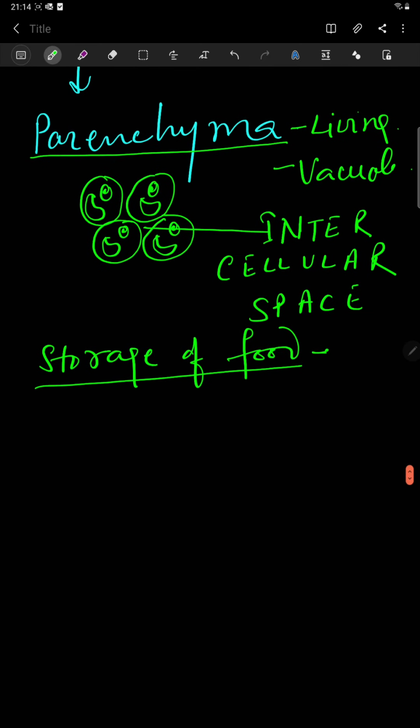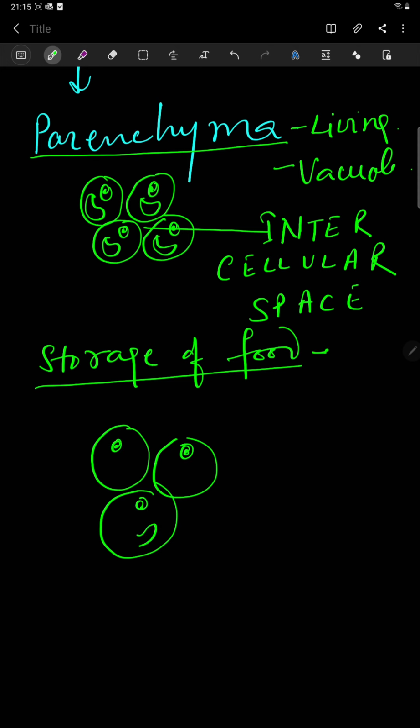Next, on the basis of the variation, when the parenchymatous cells contain chloroplast, I am going to draw once again the diagram of the parenchymatous cells. It is like this one, present in the leaf also, green in color. This is nucleus, nucleus, nucleus. Vacuole is there, this is vacuole. And plastids, that means the chloroplast, what we have studied in the cell.